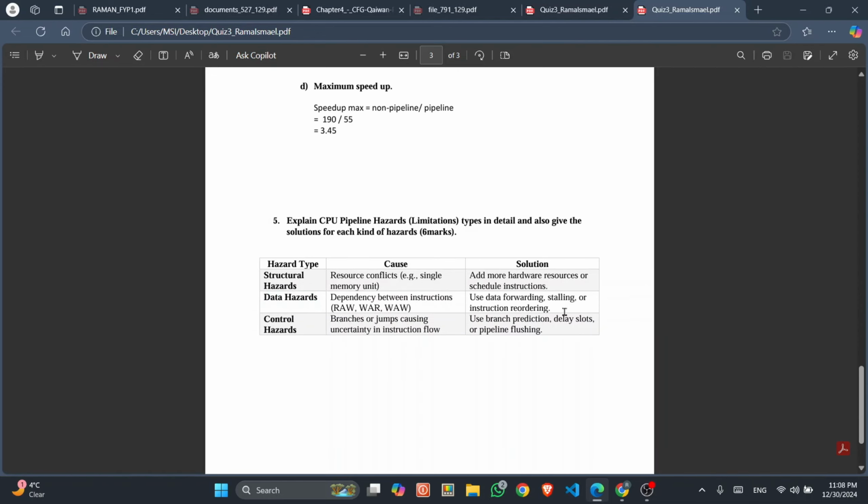To solve this problem, you use data forwarding and instruction reordering. We can forward the result from a later pipeline stage directly to an earlier stage, or we can delay the dependent instructions until the required data is ready.